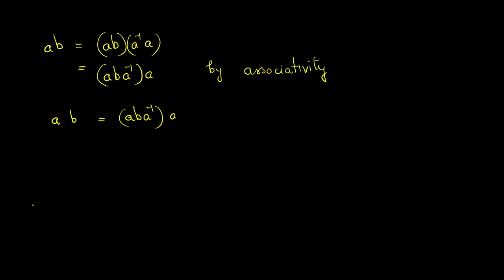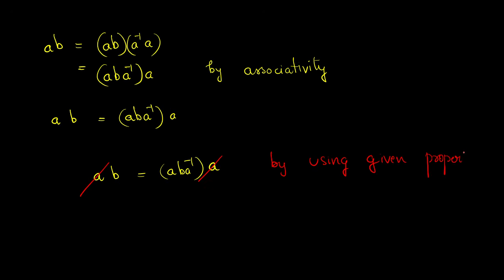So using the given property, we have A into B is actually equal to A B A inverse. This is where we use the property.